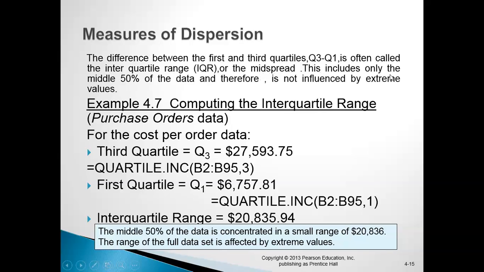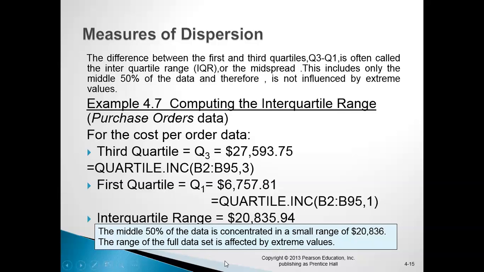This includes only the middle 50% of the data and therefore is not influenced by extreme values. So that is the advantage of the interquartile range, because it is not influenced by extreme values. Extreme values means those values at the ends of the particular frequency distribution, right?